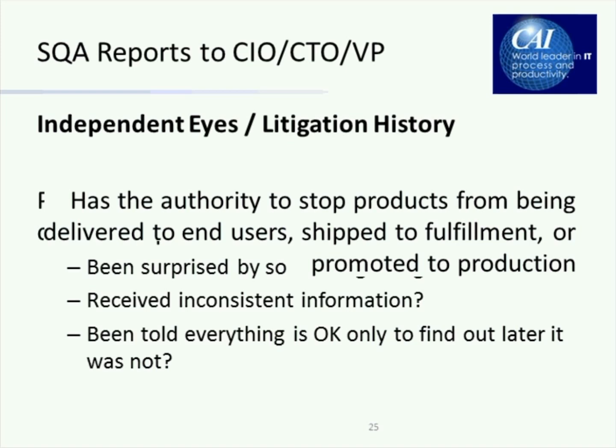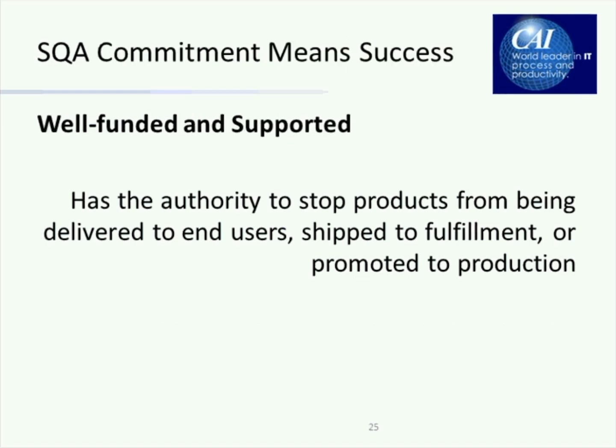SQA staff needs to have the authority to stop products from being delivered to end users, the authority to stop product from being shipped to fulfillment, and it needs to be able to stop product or internal software from being promoted to production. I know we've all been through this, where developers are working so hard to get the software done by a certain date that they pre-promote or pre-position code into production without anybody overseeing it, and as soon as you go live with this pre-positioned code, it just crashes and burns.